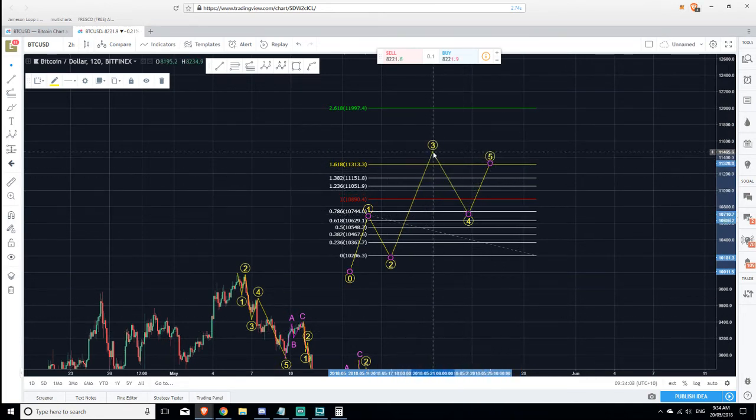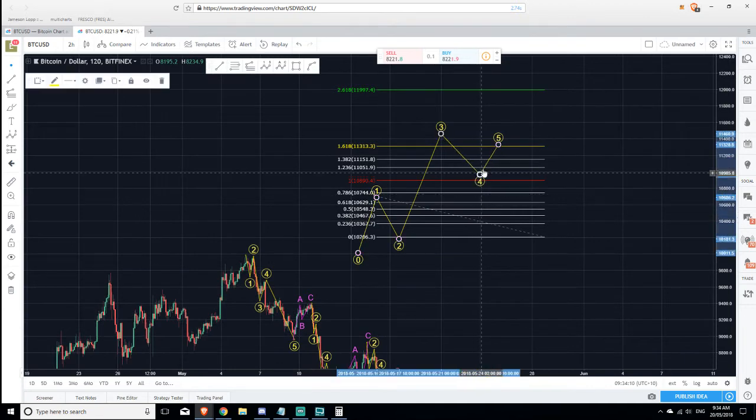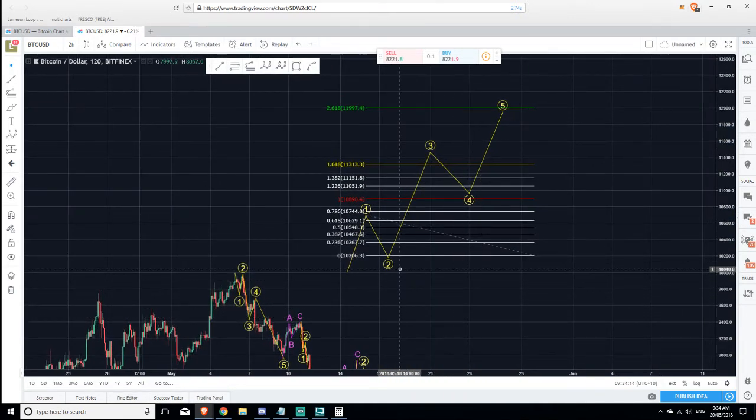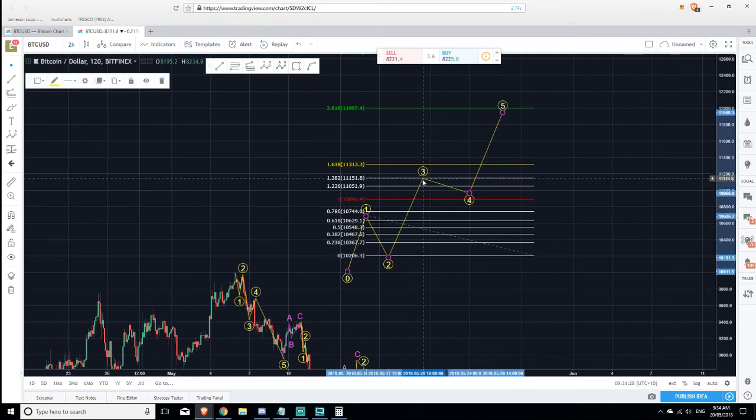Now you can have stuff like this. You can have stuff like this. I'll link a resource that I use to help me derive the targets. It's a beautiful resource that I've got. But usually we want to target 1-to-1 extensions for a wave 3. We want to target 1.618 for a wave 5, or just a little bit above.